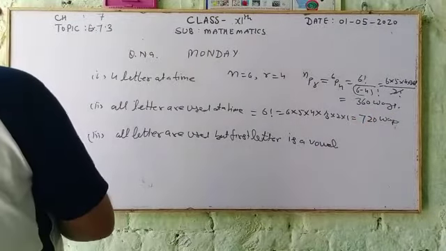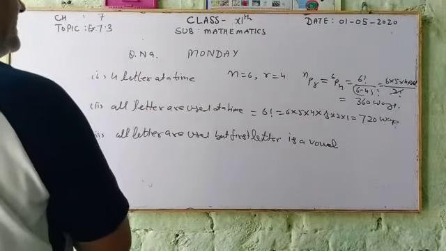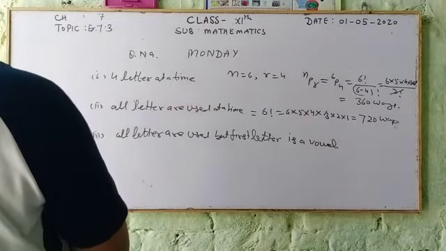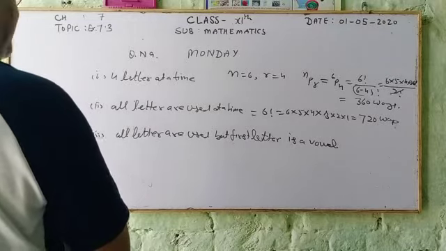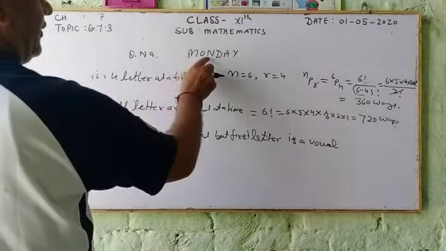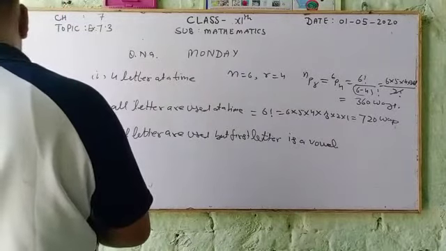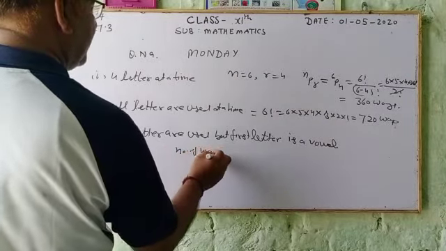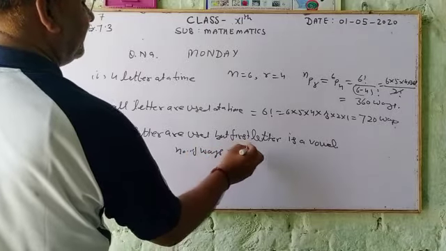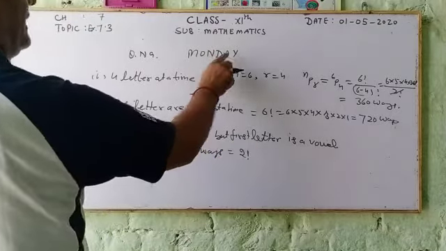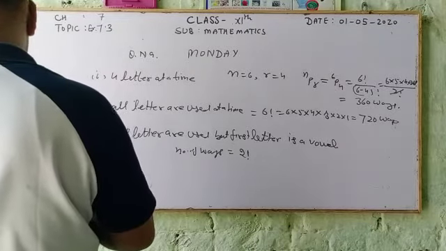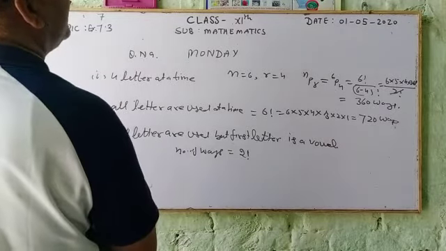And the last part, the first letter fixed as a vowel. So the word begins with a vowel, and O and A are the 2 vowels here. So the number of ways is 2 factorial, because O and A are 2 vowels, and the remaining letters, 5 of the 6 letters.